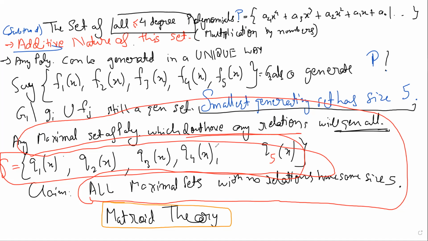This is basically an abstract study of independence, the minimal nature of independence abstracted. This is the way mathematics runs. Topology is an abstract study of the sense of closeness and distance, and like that.